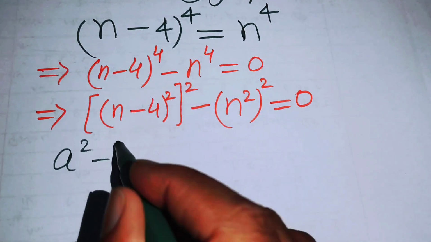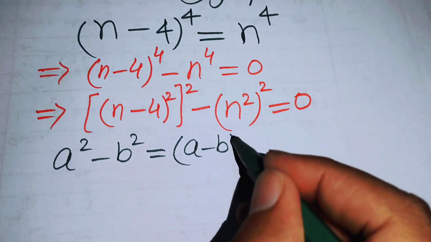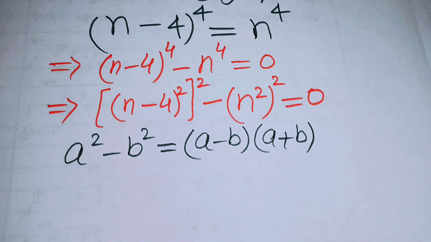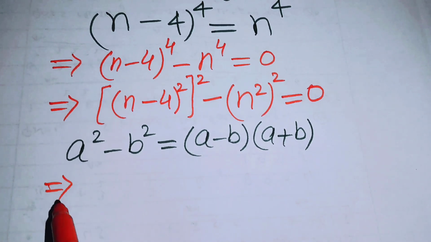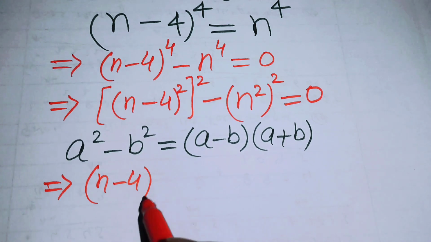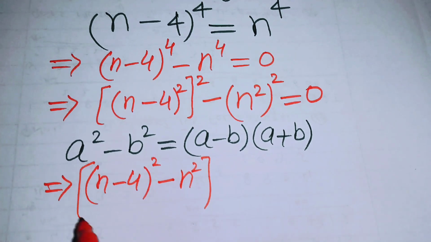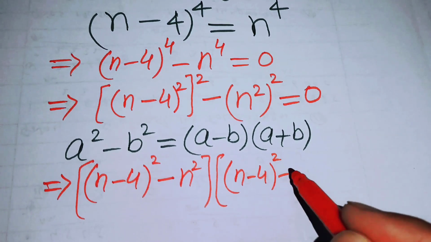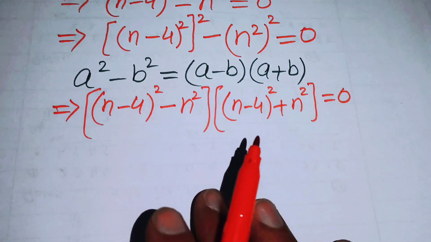If we have a square minus b square, it is equal to (a minus b) times (a plus b), so that we can use this nice formula. So the above equation will become ((n minus 4) whole square minus n square) into ((n minus 4) whole square plus n square), and this whole equation is equal to 0.